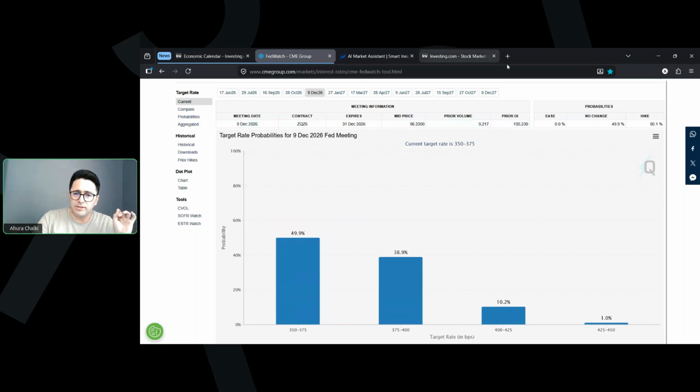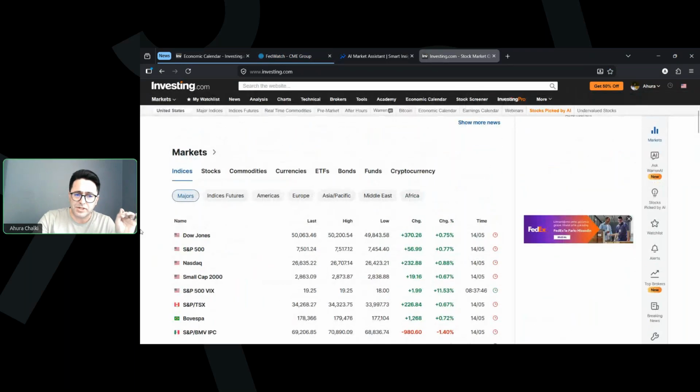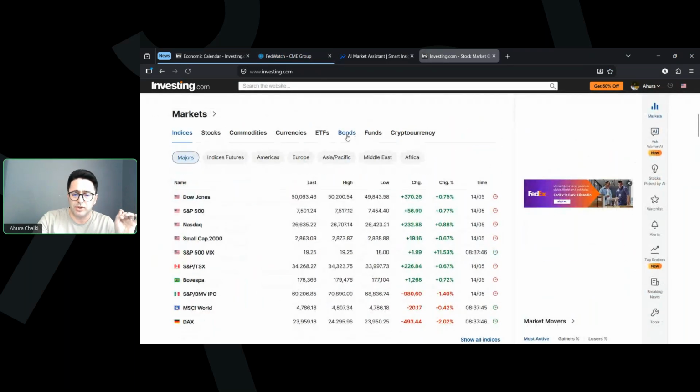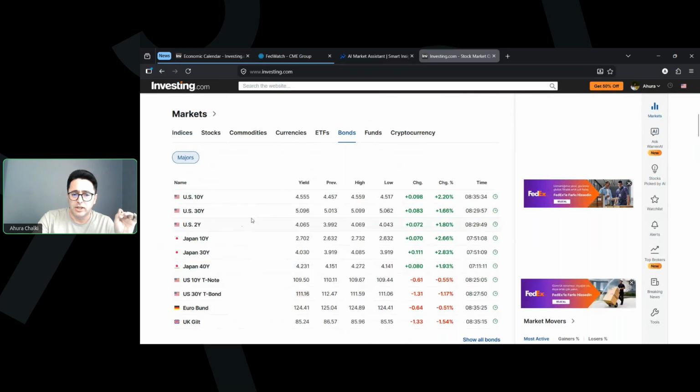What do these numbers tell us? Let me tell you. To understand the situation in the market, you have to go to the bond market and check US 10 year bond yields. Look at this number. US 10 year bond yields, and the 2 year doesn't matter. You can check any of them because we are checking the trends.